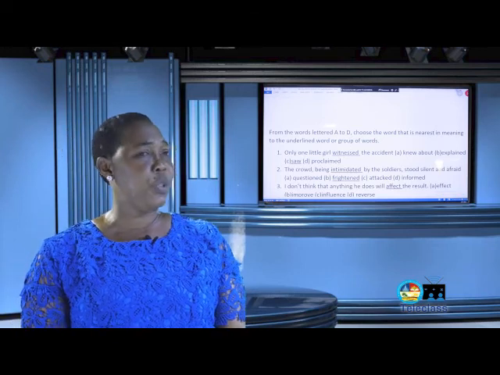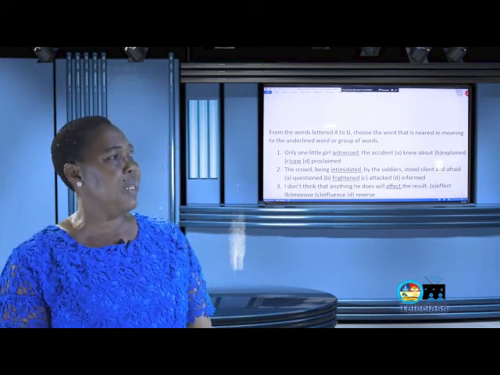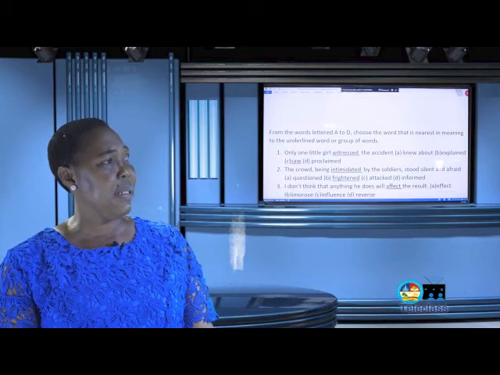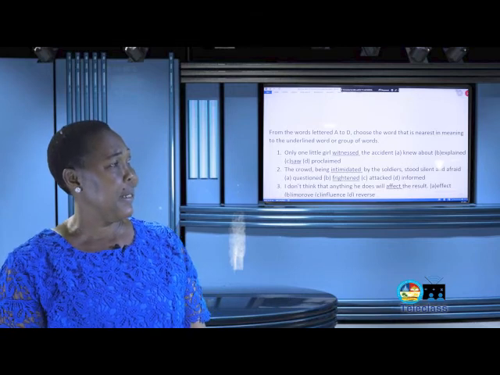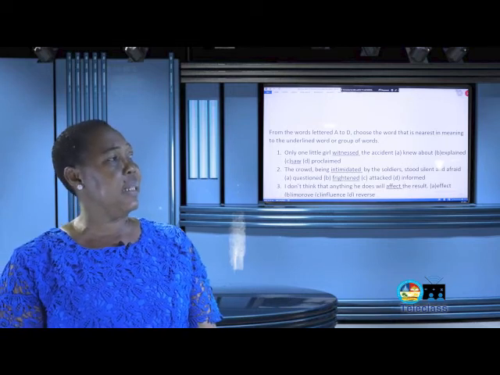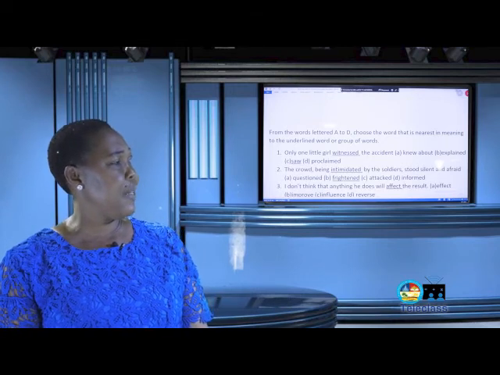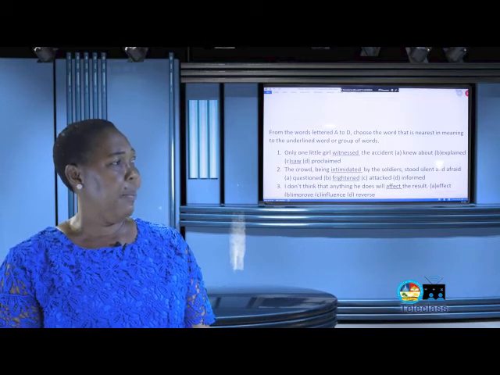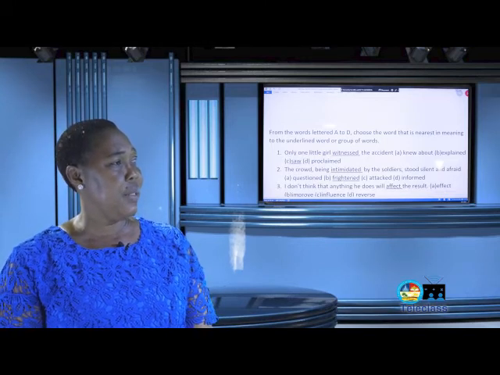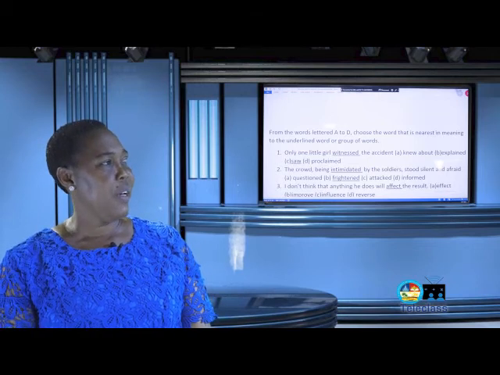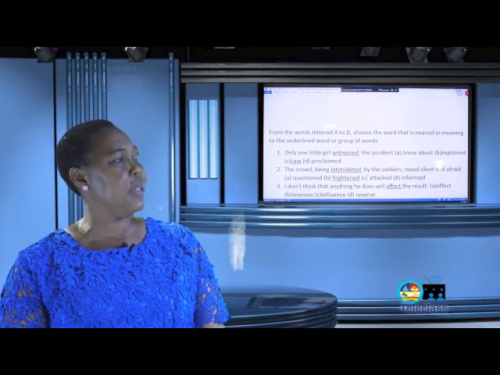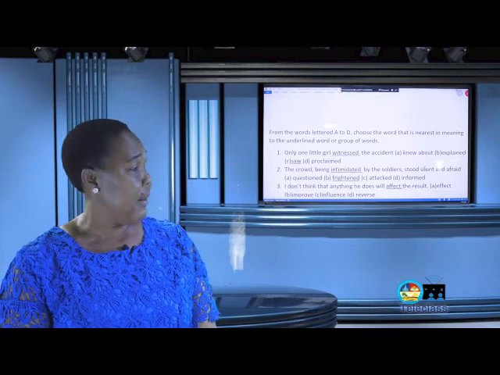Then we go to number 2. The crowd, being intimidated by the soldiers, stood silent and afraid. What is underlined is intimidated. So the first word there is questioned. B. Frightened. C. Attacked. D. Informed. So intimidated means to be frightened. 3.